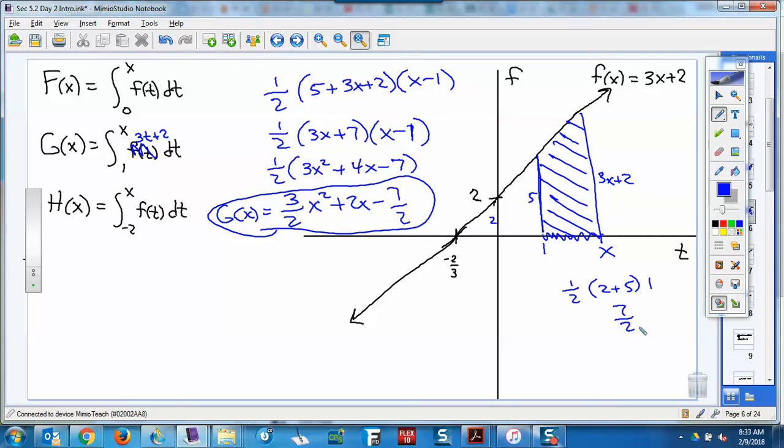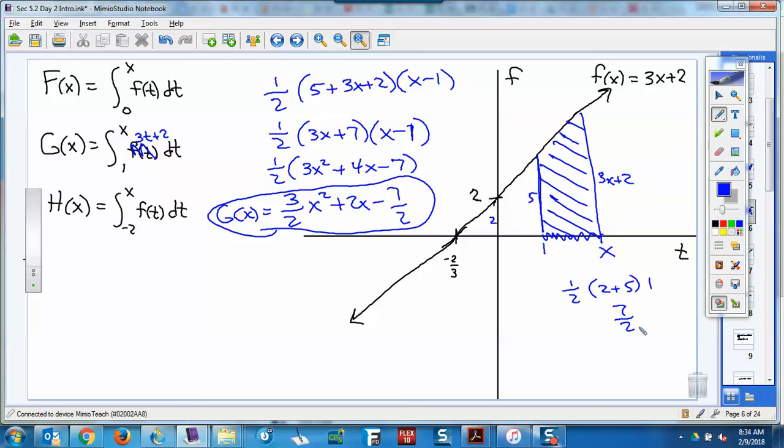So that means this one's going to have 7/2 less than the other one. So if the other one would have had a plus 2 at the end, we'd have had to do plus 2, take away 7/2, understand? So it's the difference between 0 to x and 1 to x, okay? But again, not really going to be a huge factor going forward, but from a conceptual standpoint, that's a good thing to know.